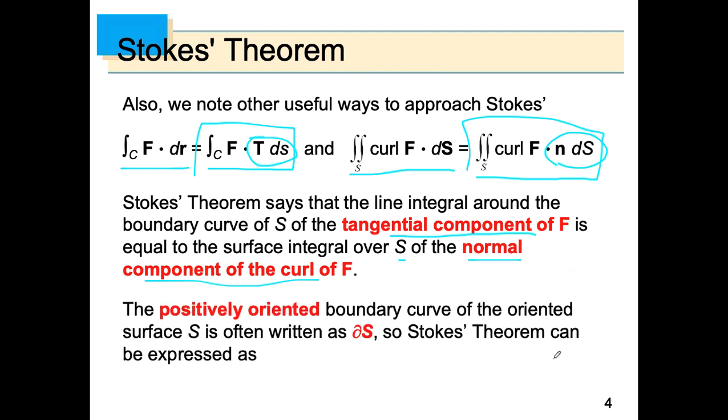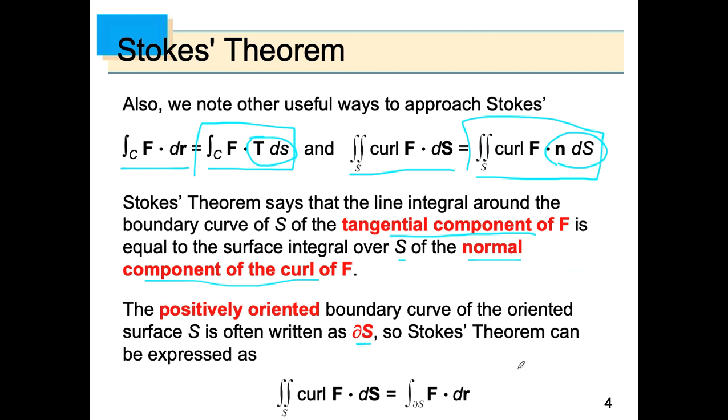Now the positively oriented boundary curve of the oriented surface S is often written as the partial of S. So Stokes could also be written like this. And as I do some examples, you'll basically take your pick. There are so many different forms that Stokes' theorem can take on.